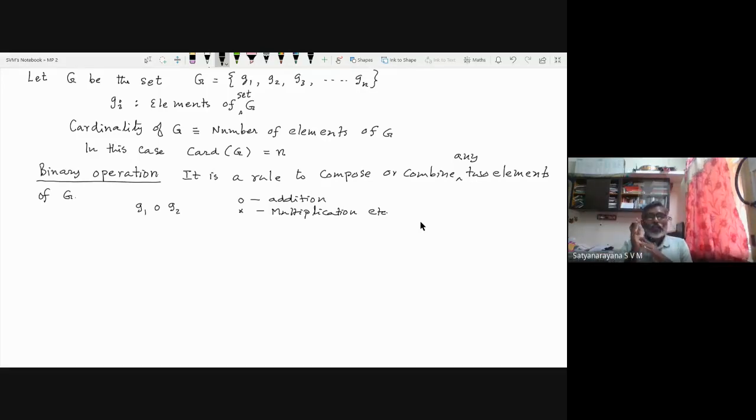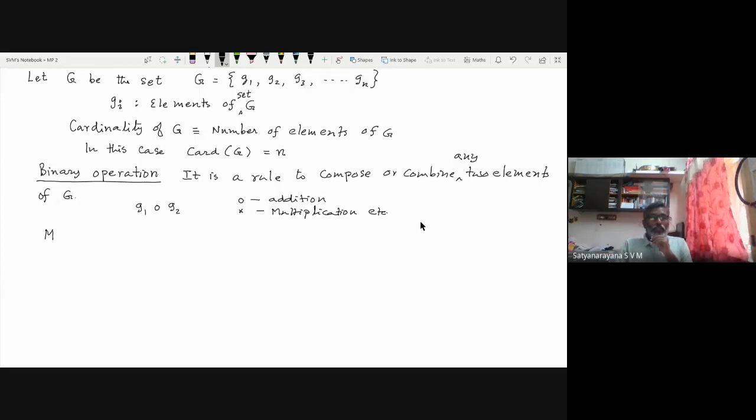Or alpha and stone, I don't know what kind of operation will combine them. The moment we say that we are able to define some binary operation, that fixes that the set should be of some restricted type. Set cannot be arbitrary set. There should be some kind of a relation among the elements of the set. Only then a combination of these two is something which can be defined.